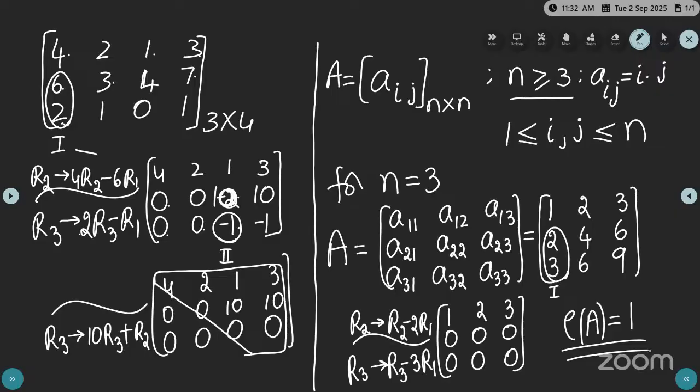Right, next. Write some simple properties related with the rank.